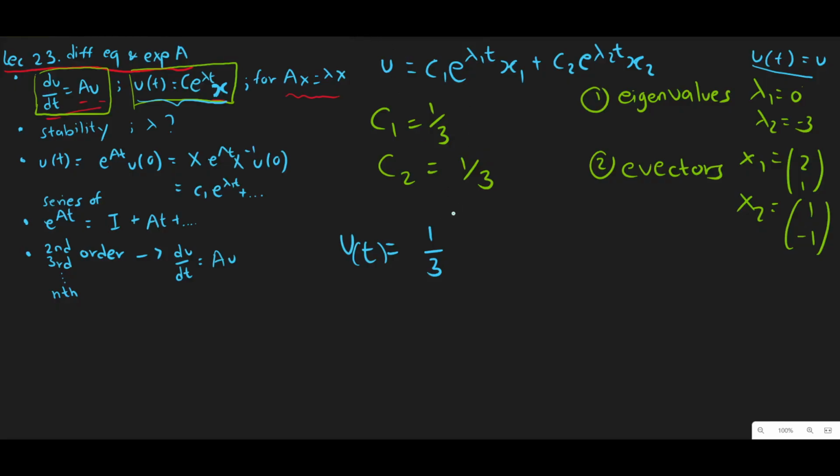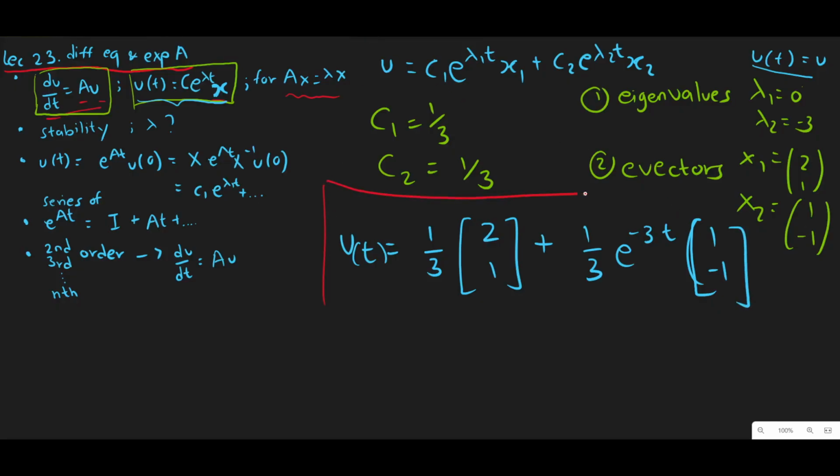Okay, so 1/3 of e to the 0t, let me just delete that because it is 1, and the first eigenvector, plus c2, and e to the power of -3t, and the second eigenvector here, 1 minus 1. Okay, now we got our answer.